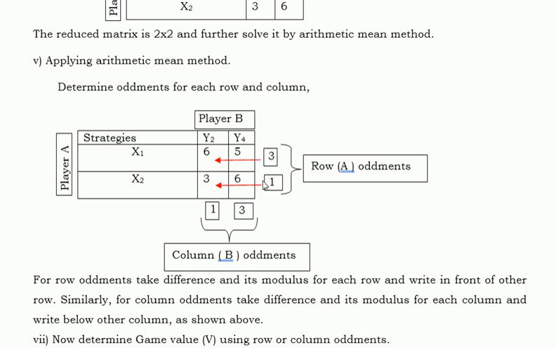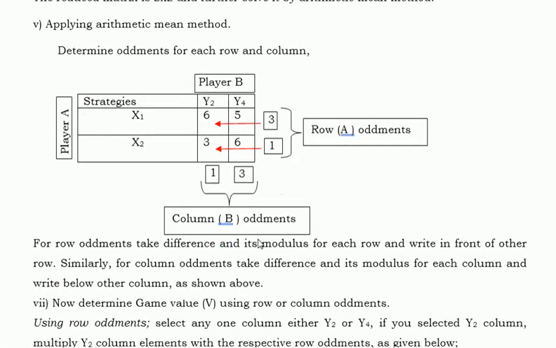For the x2 row, 6 minus 5 is 1, and its modulus is 1. So these are the row oddments. Similarly for column oddments, the difference of 5 and 6 is 1, and of 6 and 3 is 3, so the modulus is 1 and 3 for the column oddments.